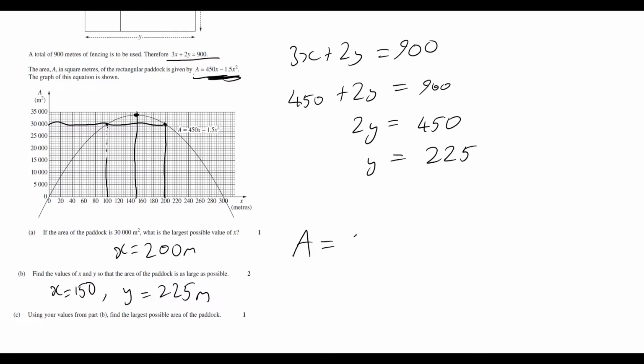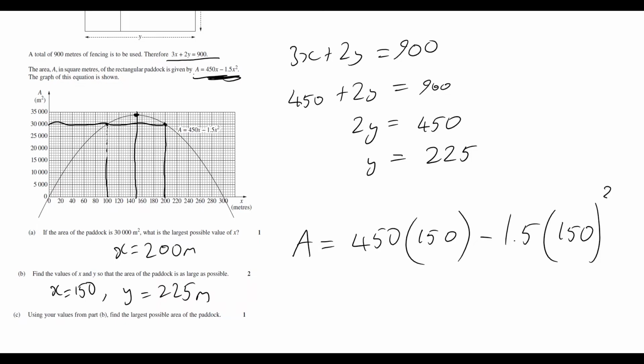So A equals 450 times by x, and anytime we make a substitution like this, let's just make sure we put our variable in brackets, minus 1.5 times by 150, and again, brackets squared. Okay, so when we put this into our calculator and work this one out, we get an area of 33,750 meters squared. And that's our answer for part C.